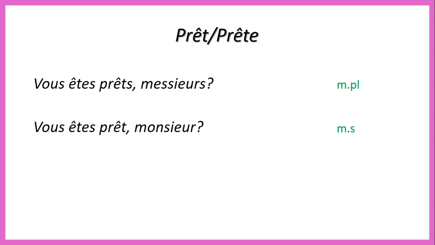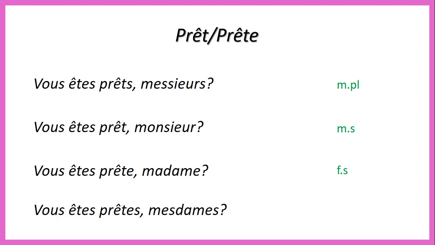This is masculine singular. Vous êtes prête, madame, when I'm talking to a woman. I say, vous êtes prête, madame. Here I'm speaking to one person, but I'm calling her vous. Féminin singulier. Here, this is out of respect, or as we said, is probably a formal conversation.